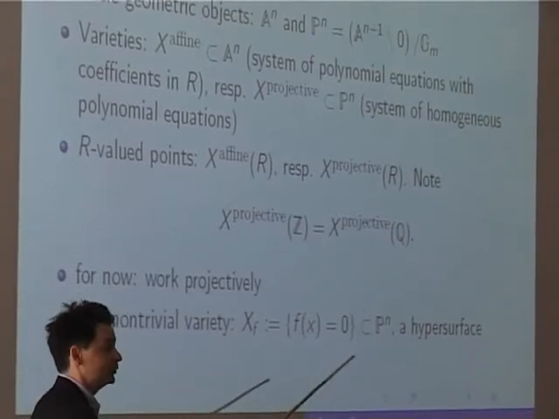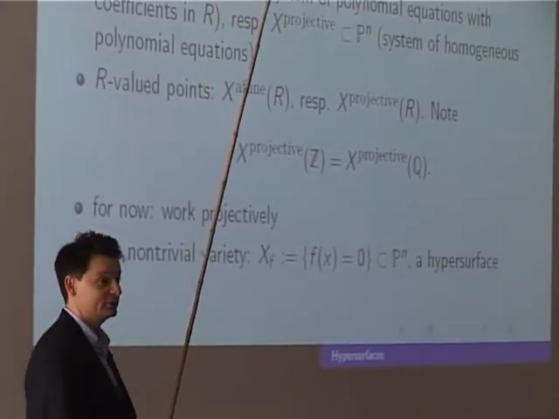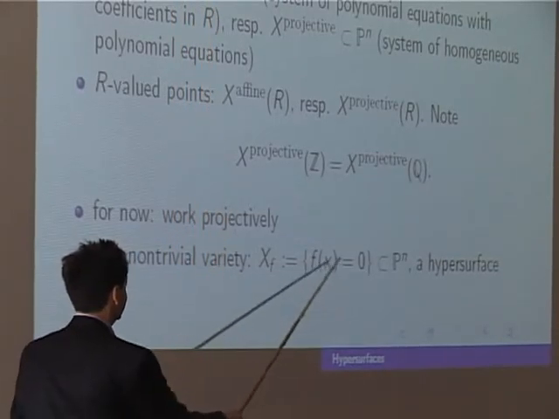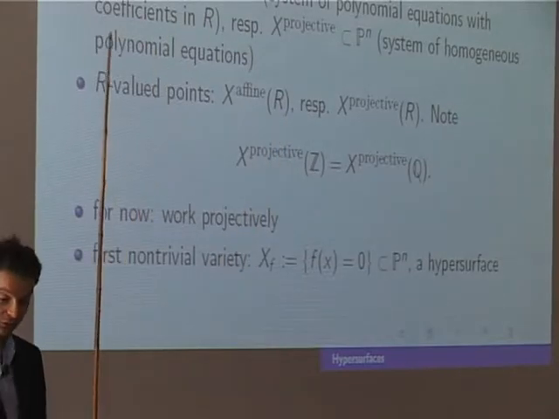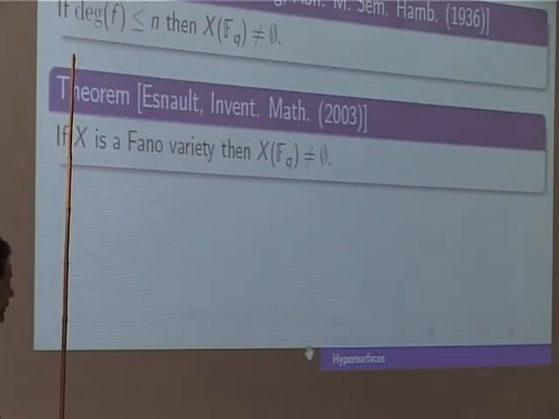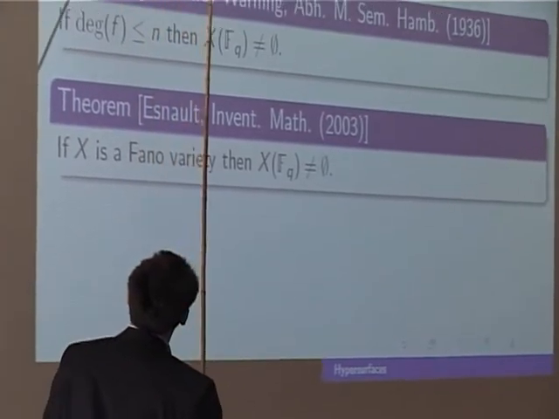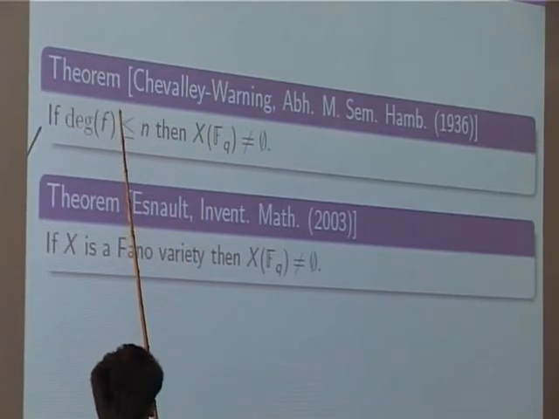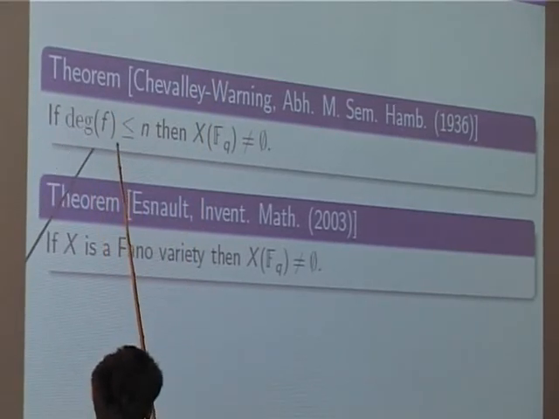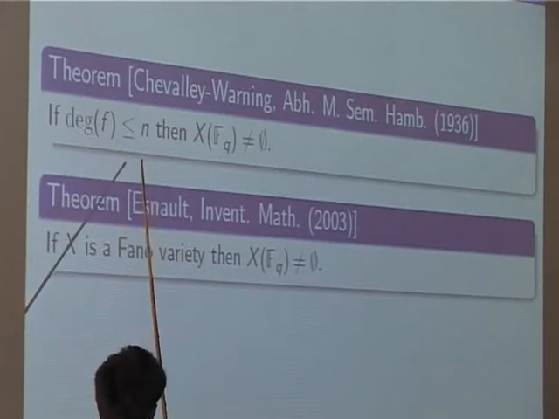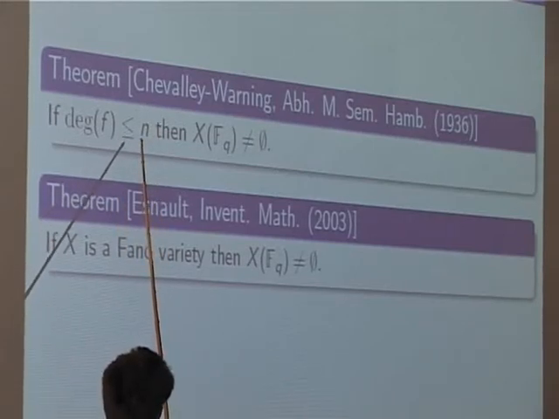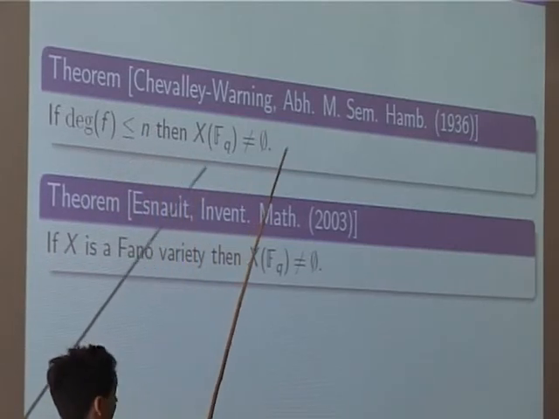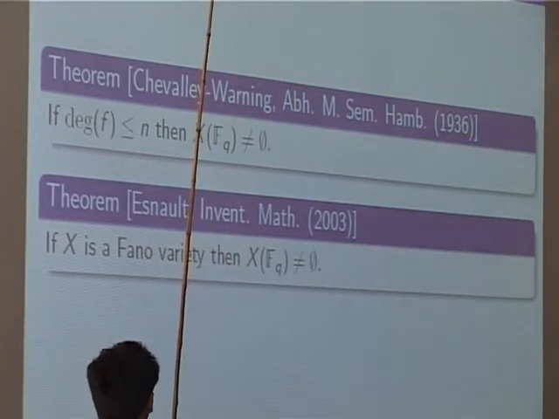Hypersurfaces are the first non-trivial varieties. You pick one equation and you look at what happens. So a hypersurface in P^n is given by a homogeneous equation with coefficients in some ring. As I said, the basic rings are F_q, Q, and finite fields. The basic theorem is that if the degree of our polynomial is less than n plus 1, the number of variables, then we always have a rational point.